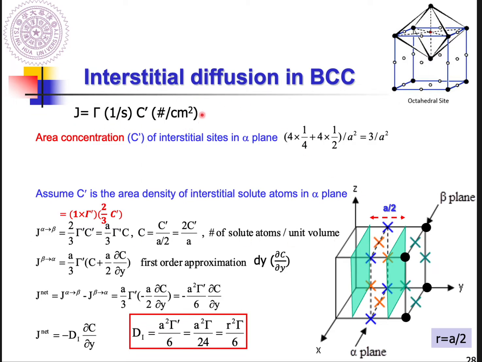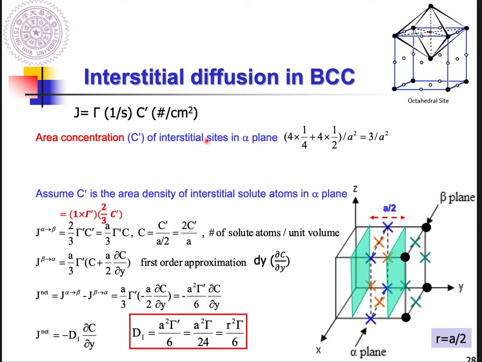Based on the result here, we need to determine gamma and C prime, right? Start from C prime. C prime is the area density, so we need to determine the area density of interstitial sites on the alpha plane.